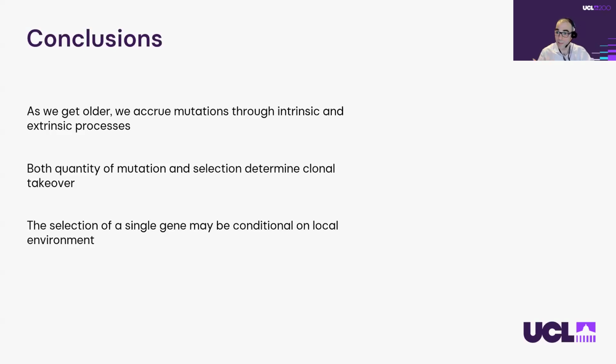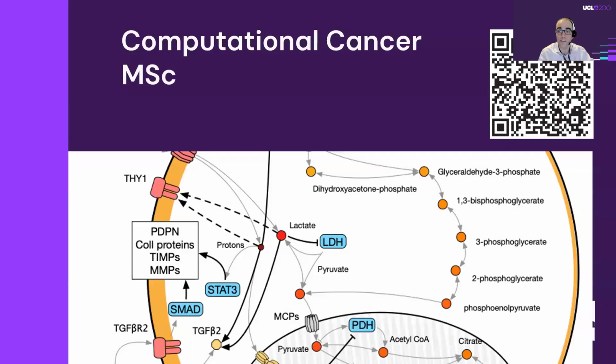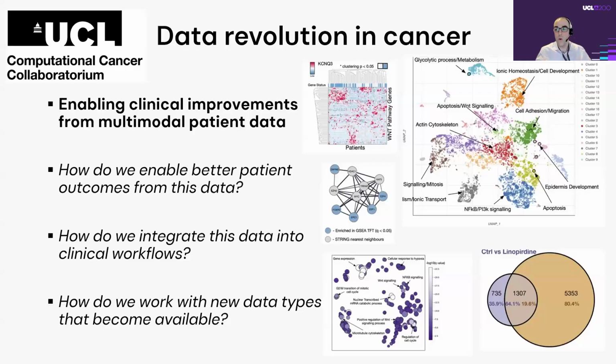So that concludes my taster lecture for the course. I'm now going to talk a little bit about the Computational Cancer MSc itself. This course has been inspired by a data revolution that's taking place in cancer.